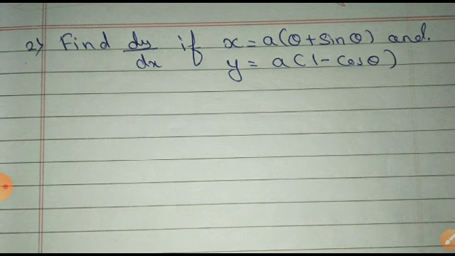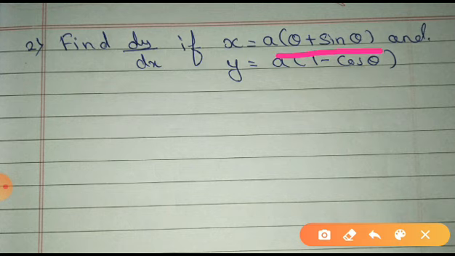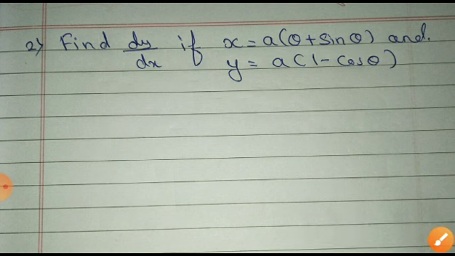Next, find dy by dx if x is equal to a into theta plus sin theta and y is equal to a into 1 minus cos theta. What should be done? Find dy by d theta as well as dx by d theta.